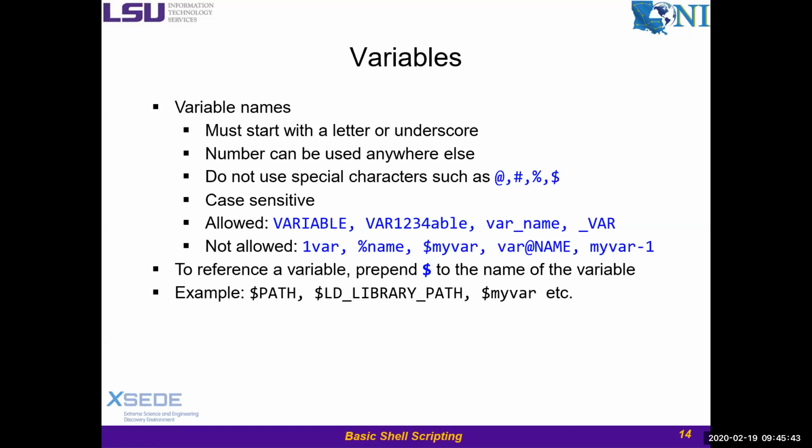It's case sensitive. And please do not use special characters. It'll give you an error because special characters are reserved for other purposes. If you want to define a variable, directly run it. If you want to reference a variable, prepend a $ sign to the name of the variable.